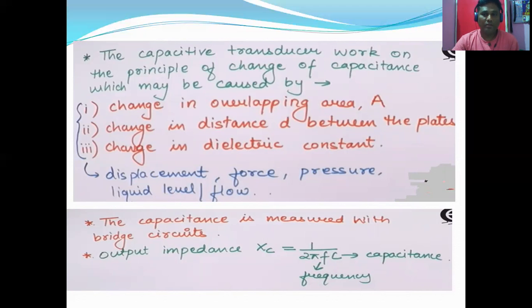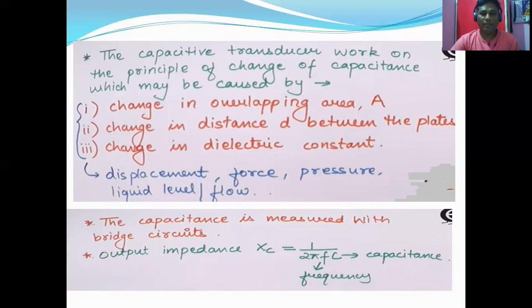So these three changes depend upon the input of the capacitive transducer. We give the input as a physical value, for example displacement, force, pressure, liquid level, or flow.